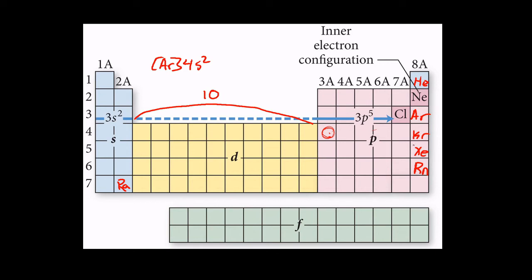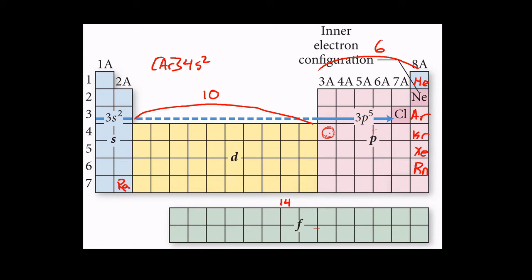The p block here is 6 elements wide because we can fit 6 electrons into a p sublevel. And then the f subblock we don't really care about, but it's the same thing here. We'll rarely do stuff into the f subshell, but we might once or twice. It is 14 elements wide because there are 7 orbitals, which means it can hold 14 electrons.